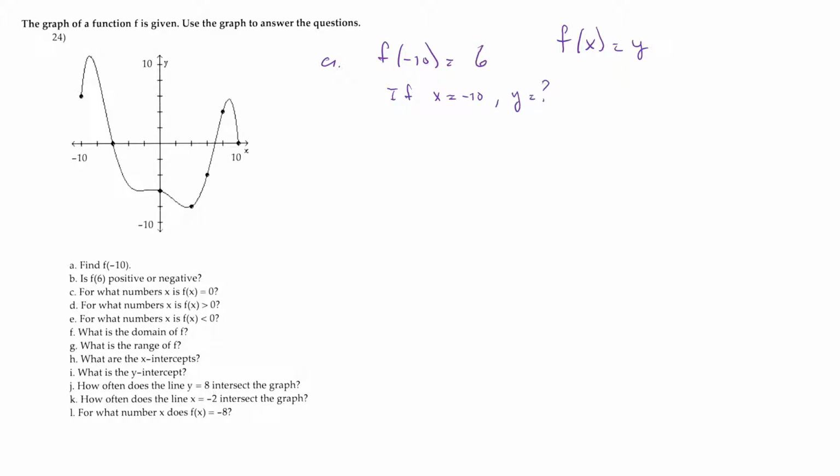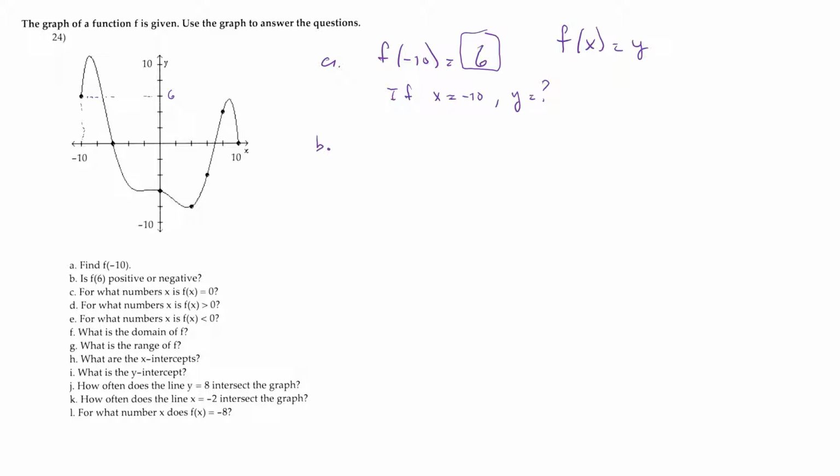If we look at the graph and find x equals negative 10, we see that the associated y-coordinate is 6. So at x equals negative 10, the y-coordinate is 6. So part A, the answer is 6.